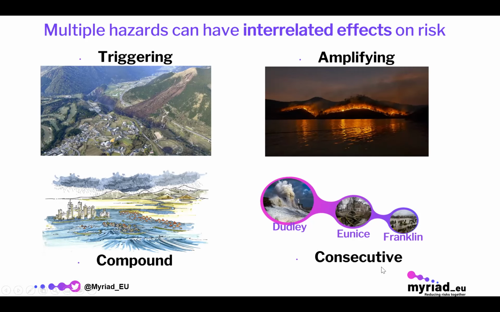So early in this year in Europe, we had three named storms, Dudley, Eunice, and Franklin, within 8 days of each other. And the fact that they occurred in the same place in quick succession meant that a lot of places were out of electricity or disconnected from transport links for a long time, causing business interruptions, etc.